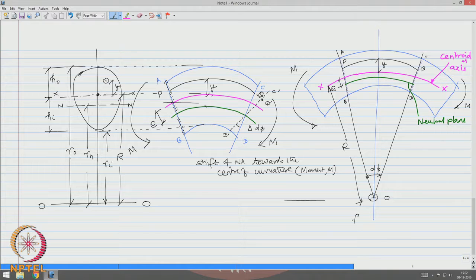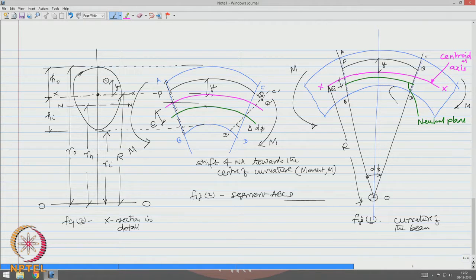So, figure 1 shows the curvature of the beam, figure 2 shows segment ABCD, and figure 3 shows the cross section in more detail.